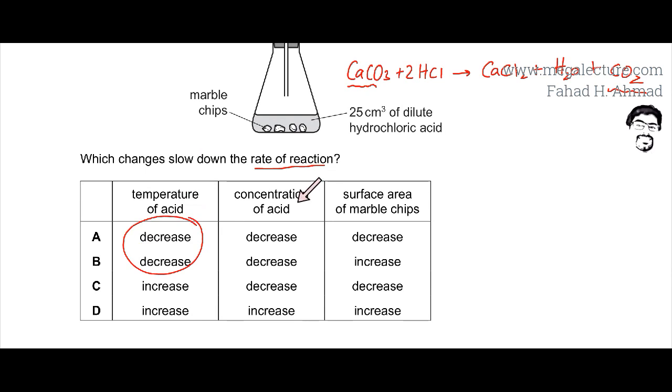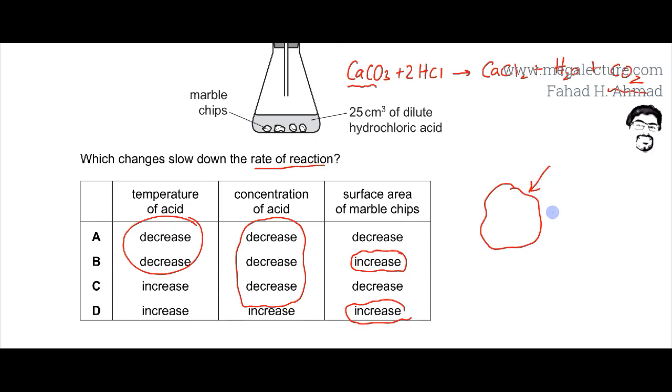What about the concentration of acid? The concentration of acid should also decrease, because if you decrease concentration, you're going to have fewer particles. If you have fewer particles, they're not going to bump into each other, and there would be less frequent collisions. And the last one is the surface area of marble chips. You want bigger marble chips, you want them to increase in size, because if you have bigger lumps, the number of collisions that can happen would be fewer, because the inside particles would not be able to react.